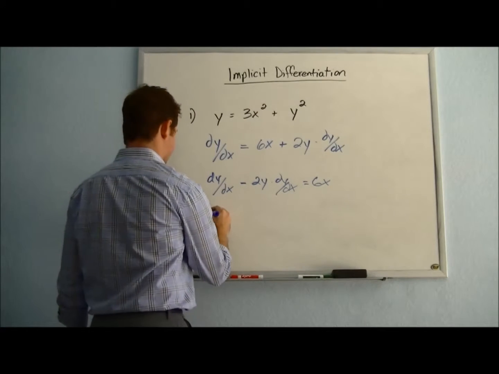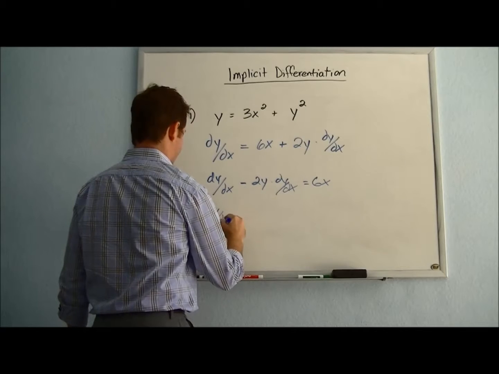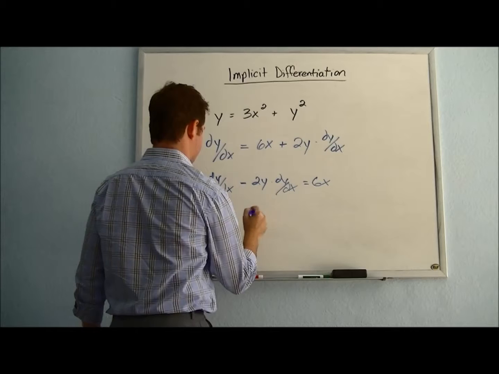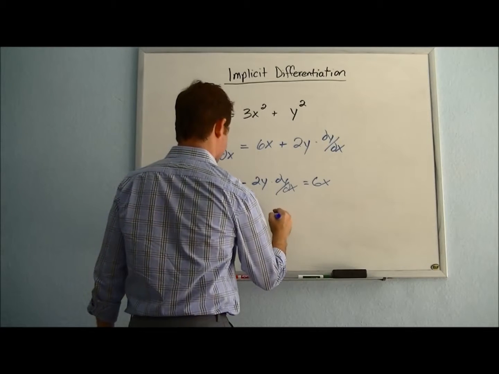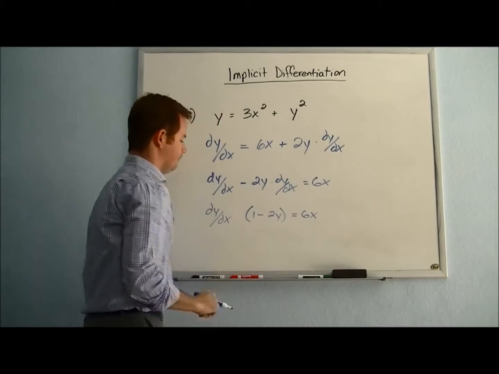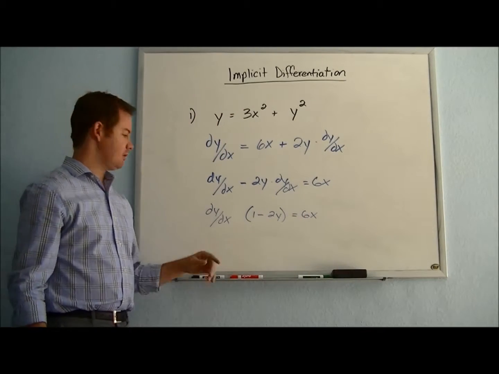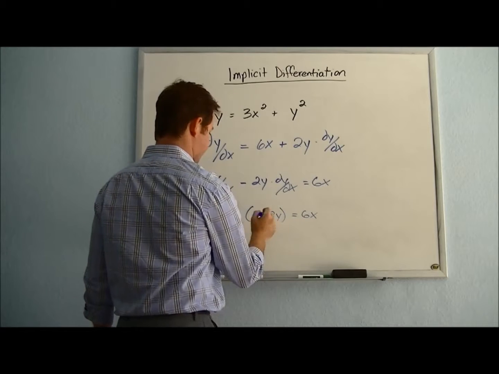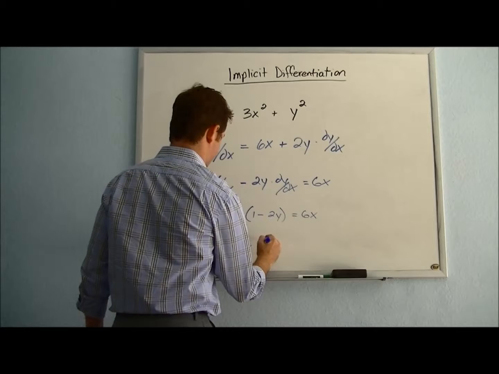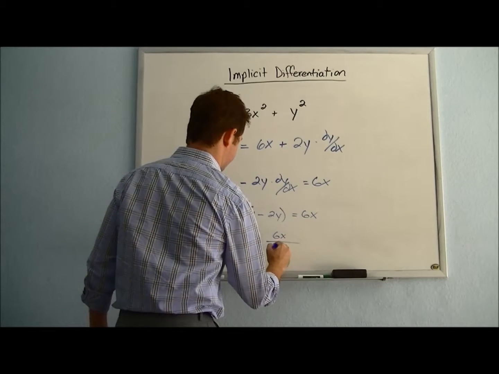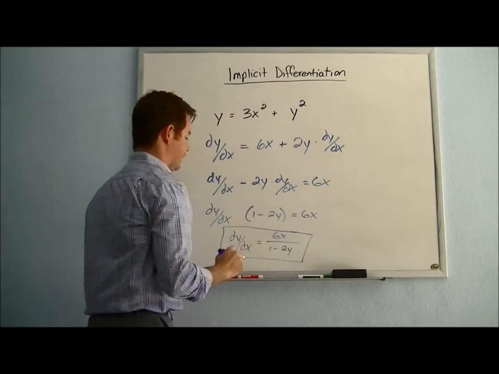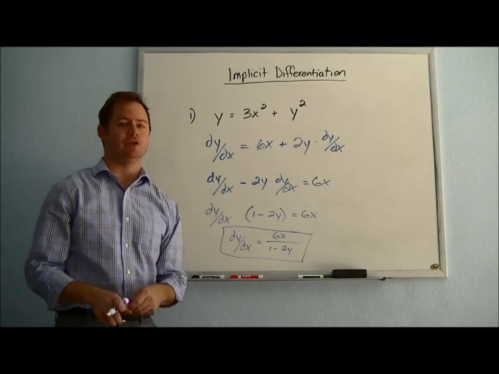So when we factor that out, we get 1 minus 2y, equals 6x. And when we isolate dy dx, we divide both sides by 1 minus 2y, and what we're left with is 6x over 1 minus 2y as the derivative of this original expression.